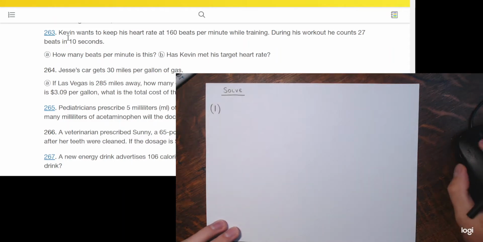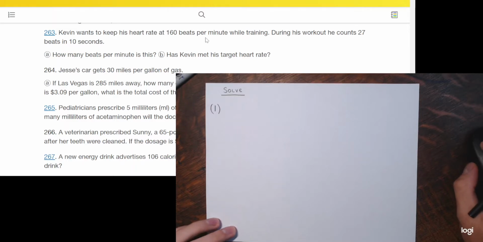So it says here, Kevin wants to keep his heart rate at 160 beats per minute. Now when you see the word per, P-E-R, that usually implies a ratio, a fraction, a rate. And you've seen per before, right?